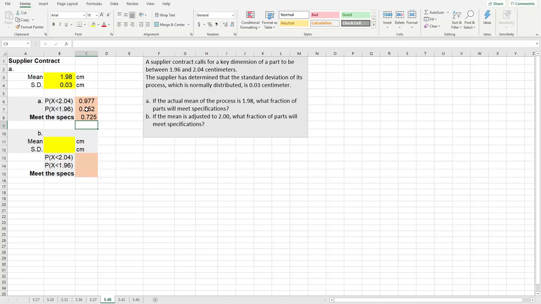Now in question B, it says if the mean is adjusted to be 2, what fraction of parts will meet the specification? So now our new mean is 2 and our standard deviation remains as 0.03.